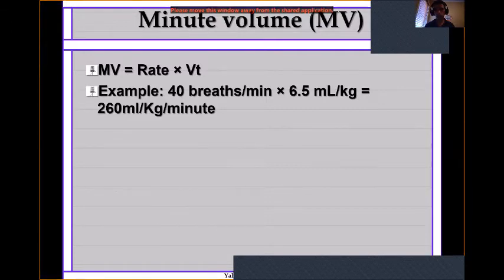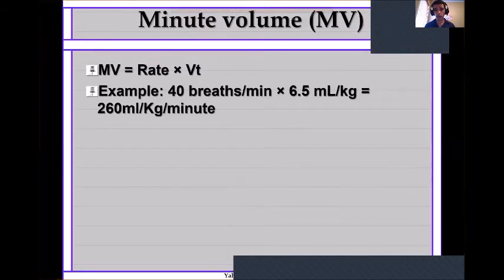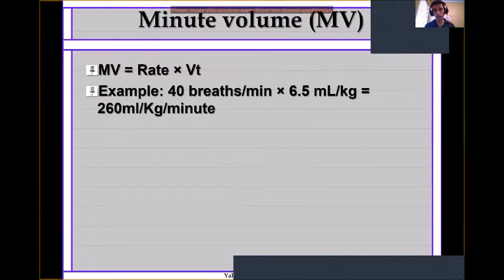For example, if you have 30 breaths per minute and you're giving 6.5 mL per kg, then your minute volume will be 260 mL per kg per minute. This one times this one, that's what we call minute ventilation. And when you have a good mean airway pressure, you will have a good minute ventilation.